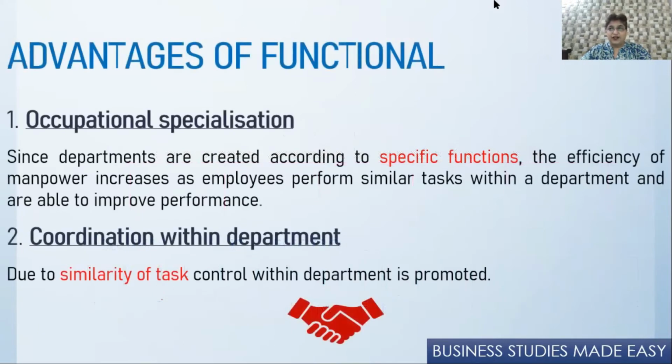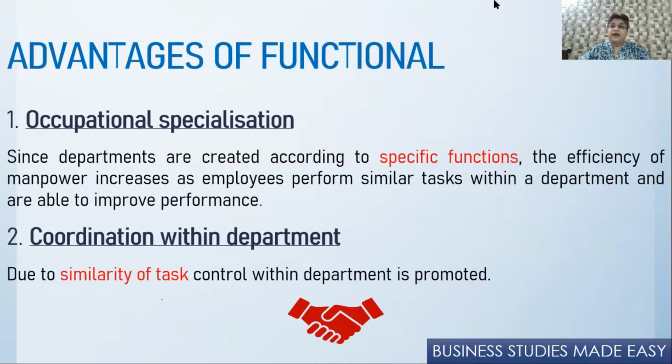So let's start with the functional organization structure. As you know, when the departments are created on the basis of functions they're performing, then this type of organization structure is called functional organization structure. Now let us understand the advantages. First of all, occupational specialization. Now I'm going to take one example of marketing department.